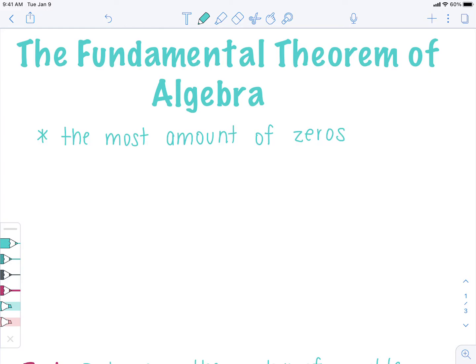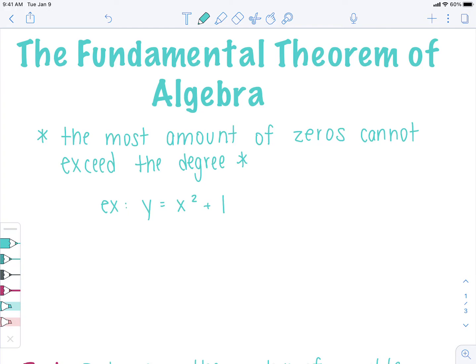So the most amount of zeros cannot exceed the degree. So that would be, for example, if I looked at y equals x squared plus 1.